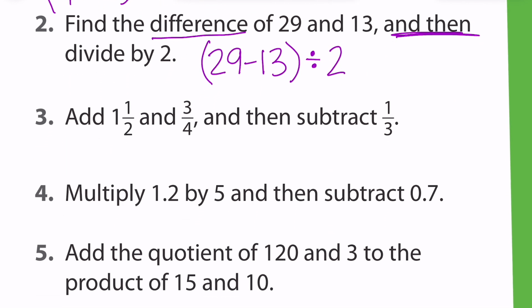Number 3, add 1.5 and 3/4 and then subtract 1/3. So remember, that tells us we need parentheses. So we're going to do 1 1/2 plus 3/4 and then subtract 1/3.